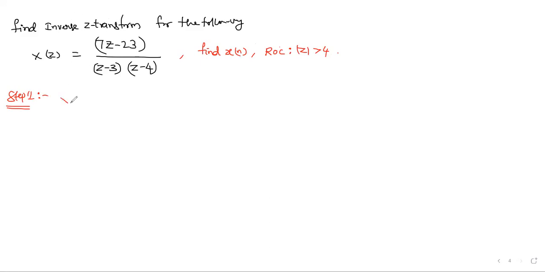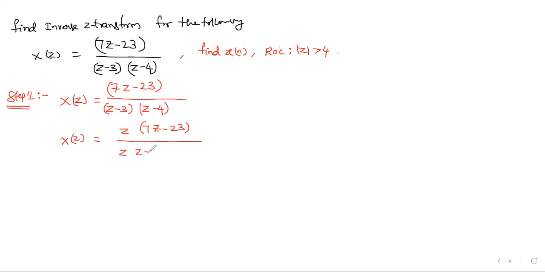So step number 1, you write X of z is equal to 7z minus 23 divided by z minus 3 into z minus 4. What I told, in the next step you need to write X of z by z, but here there is no z. That's what I will write here: X of z is equal to z into 7z minus 23 divided by z into z minus 3 into z minus 4.